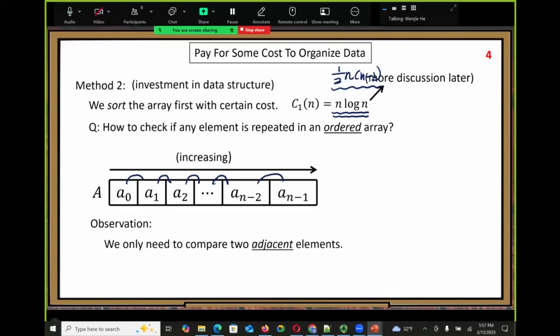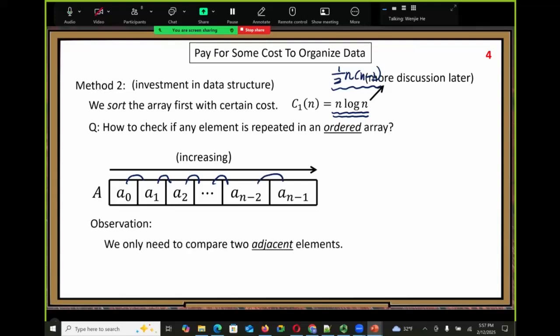Because in an ordered array, if two elements have the same value, they should be in a block containing the same value.